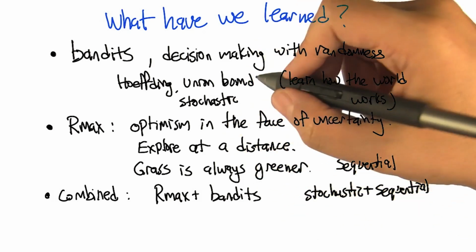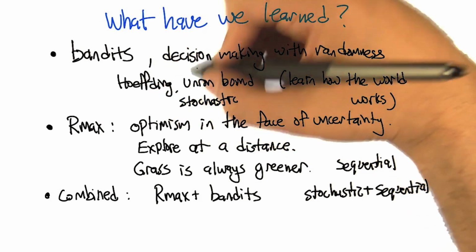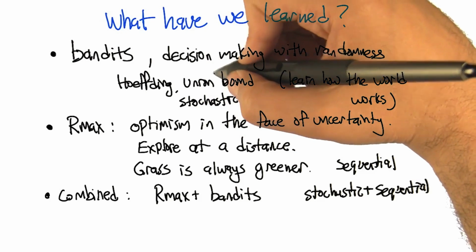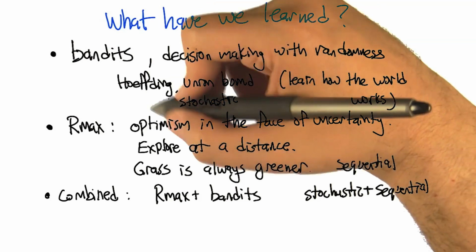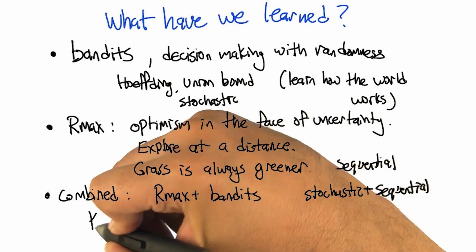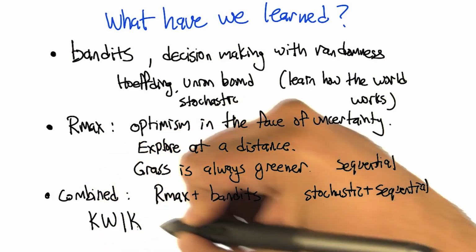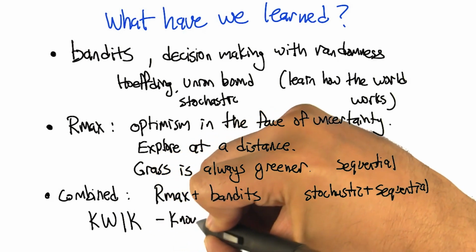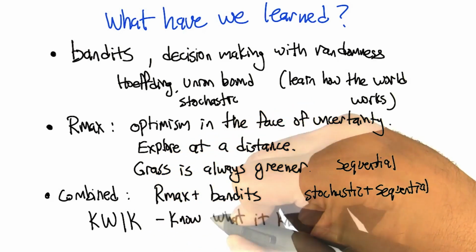Now, this notion of the way that learning happens in the bandit here, where we distinguish between known and unknown, can actually be generalized even beyond the general MDPs that we're talking about here. I don't think we're going to get a chance to talk about this, but the idea of KWIK learning is learning transition probabilities using methods that know what they know.